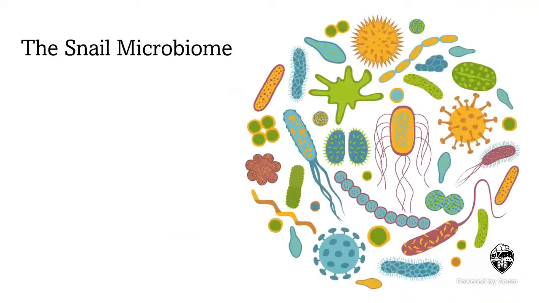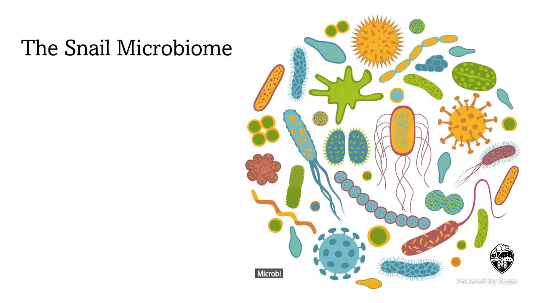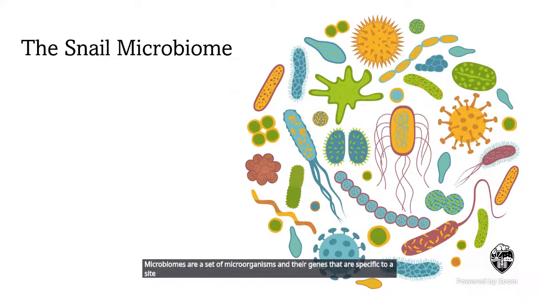Okay, so in addition to these immune recognition proteins, the snail microbiome is speculated to play a critical but unexplored role in the snail schistosome interaction. Microbiomes are a set of microorganisms and their genes that are specific to a site or to an organism.